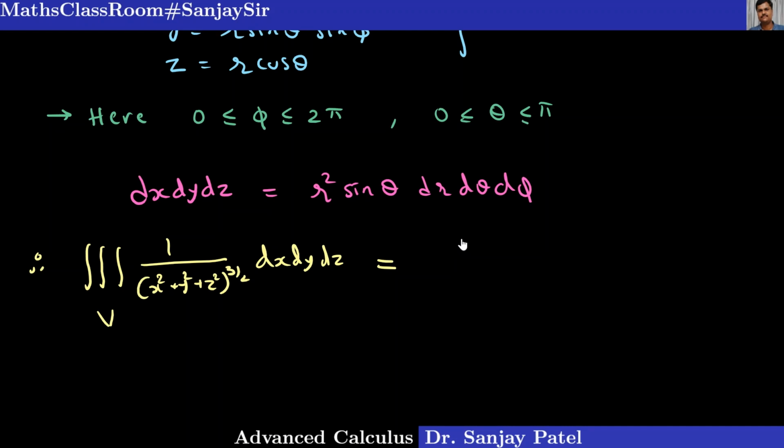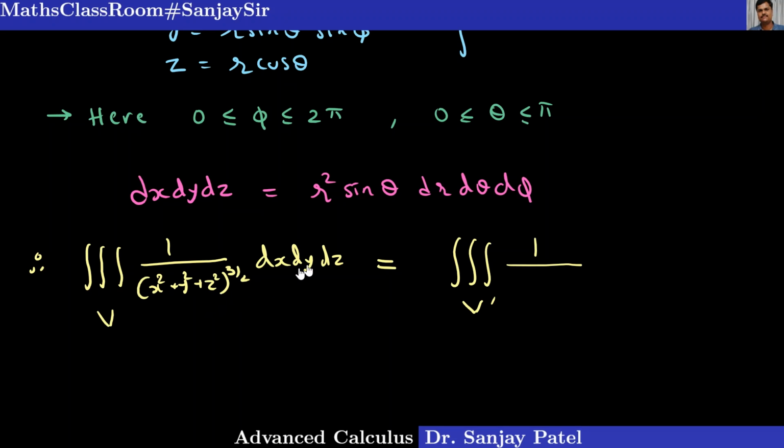First of all, let me write the triple integral over the new volume, that is V dash, in the spherical system, and this x, y, z are replaced by these relations.